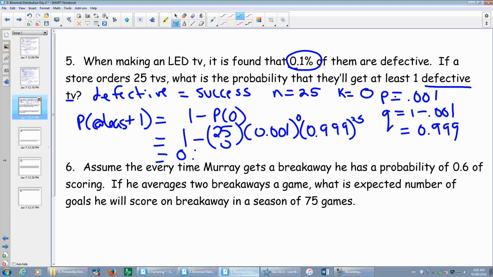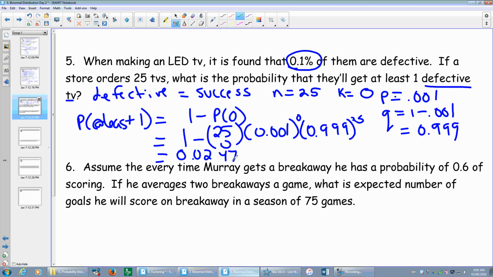Very good. Okay, so there is a 2.47% chance that you will get at least one defective TV.